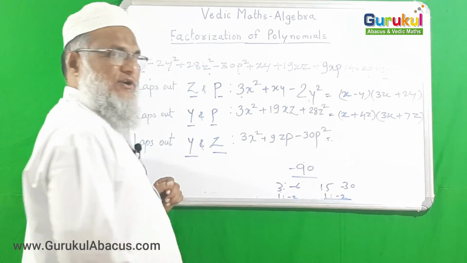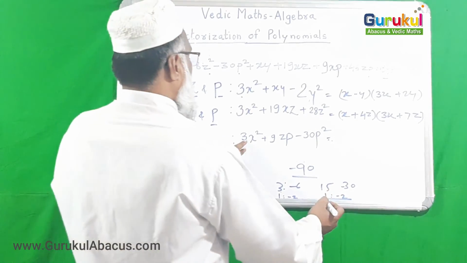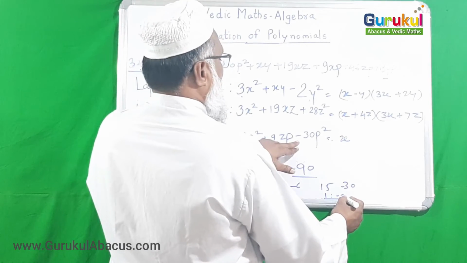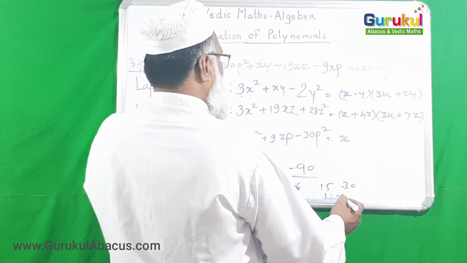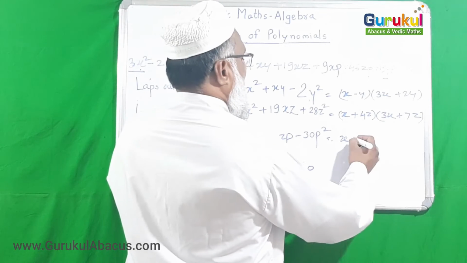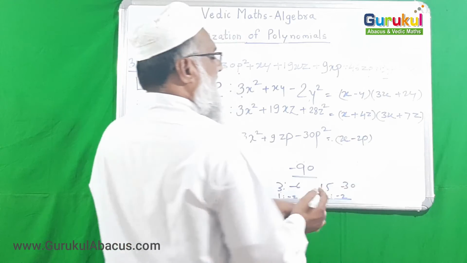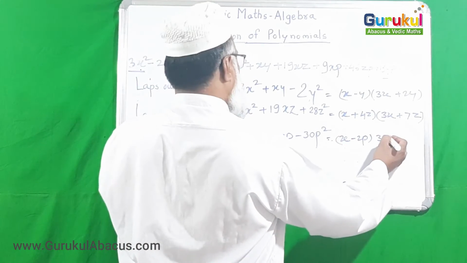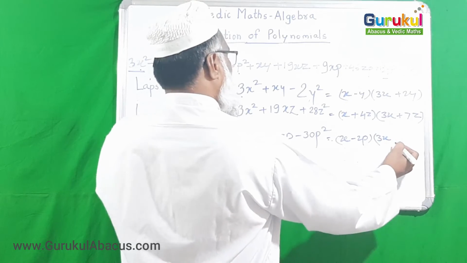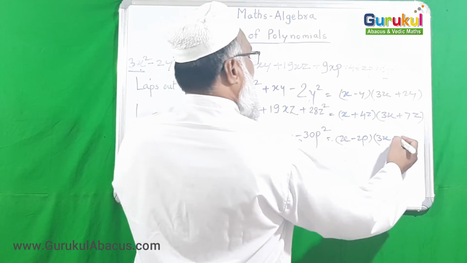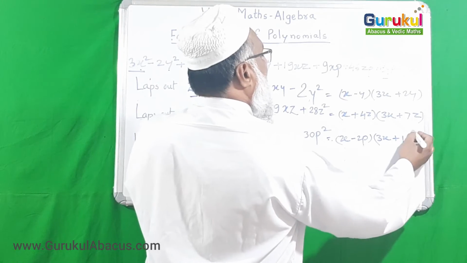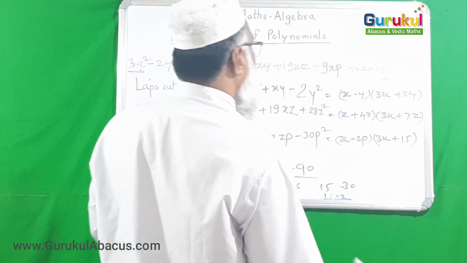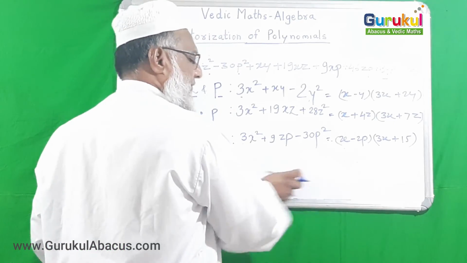This is our final ratio. So x minus 2p is our first factor, and the second factor, dividing, we get 3x plus 15p. Those are the factors we have now.